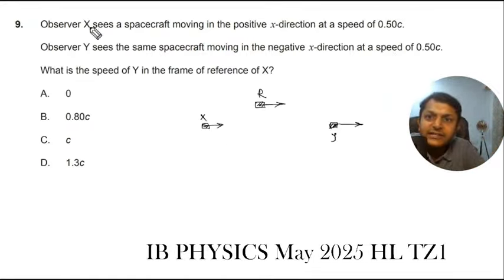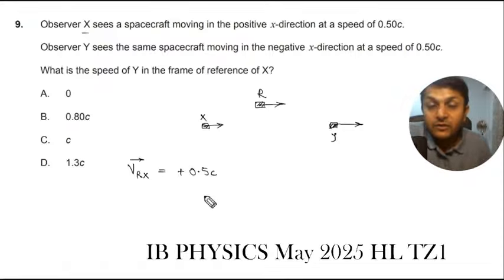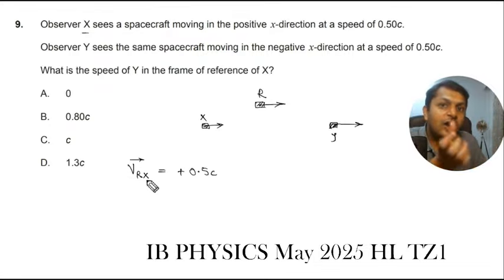So observer X sees the spacecraft moving with this speed. The speed of the rocket with respect to X, in the vector sense, is given as positive 0.5 c. Now be very careful here. How are you going to write Vrx?